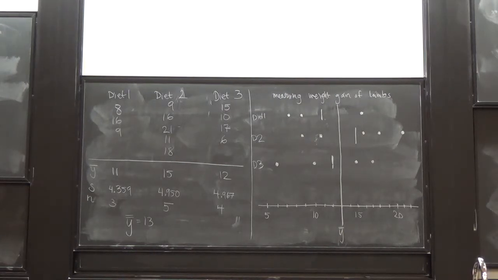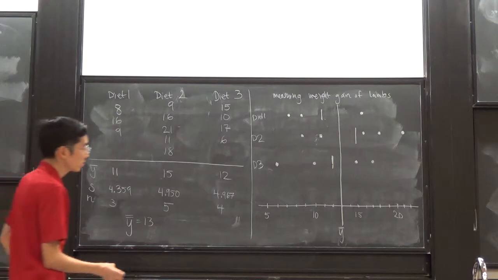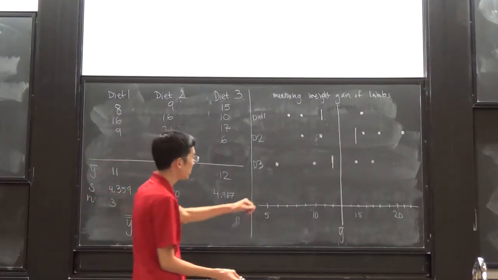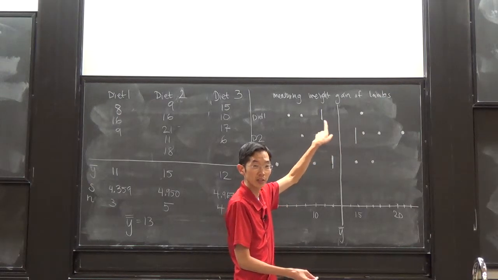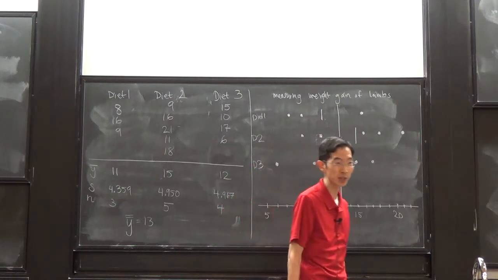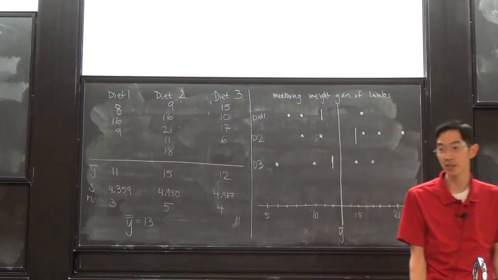Alright, and so what we notice is that the 3 groups have different group means from each other, at least in our data.